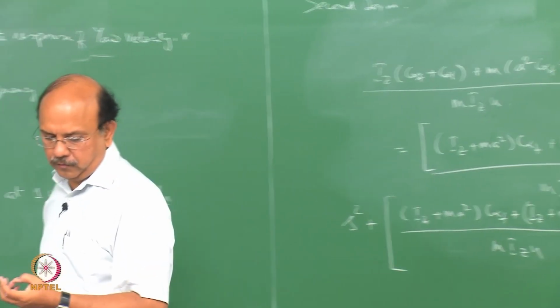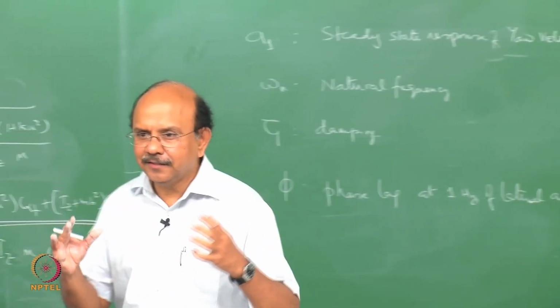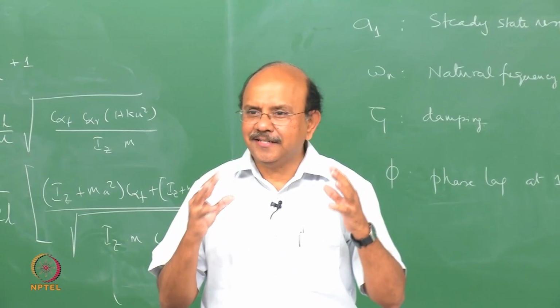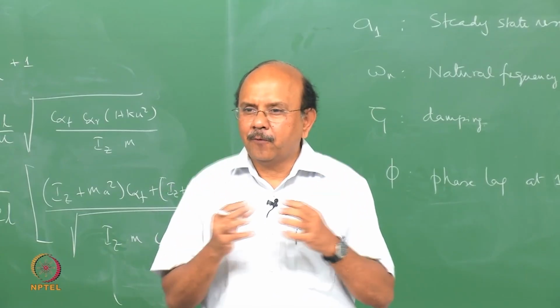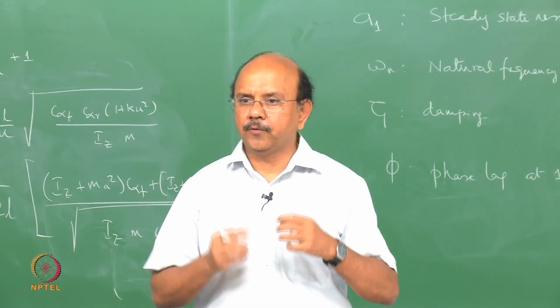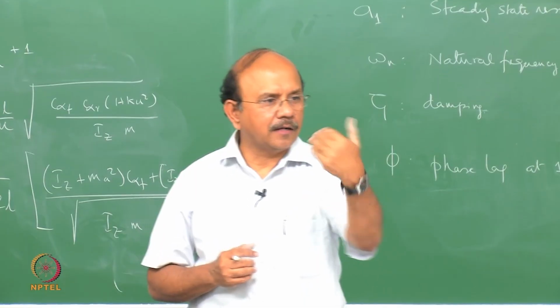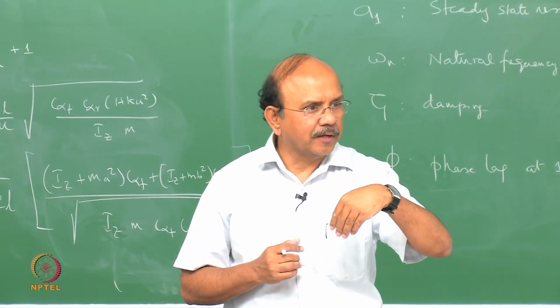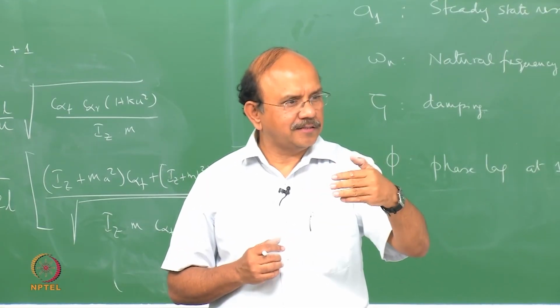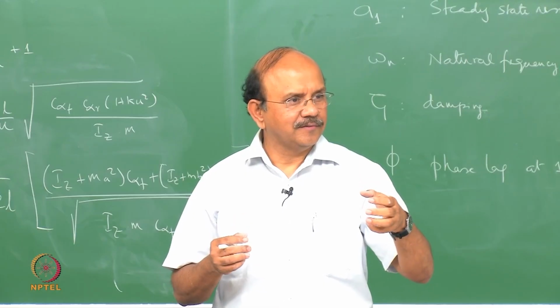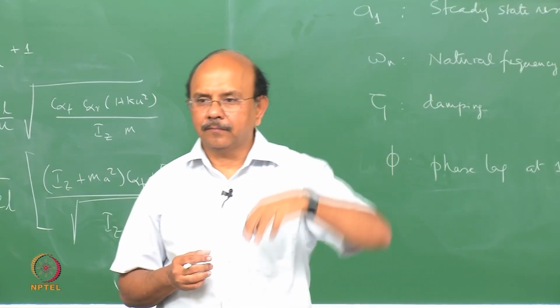Okay. What do you think is the steady state response to yaw velocity? What does it mean? That's a ratio between your R to delta. Okay. So higher it is, what does it mean? Easily R would be developed.